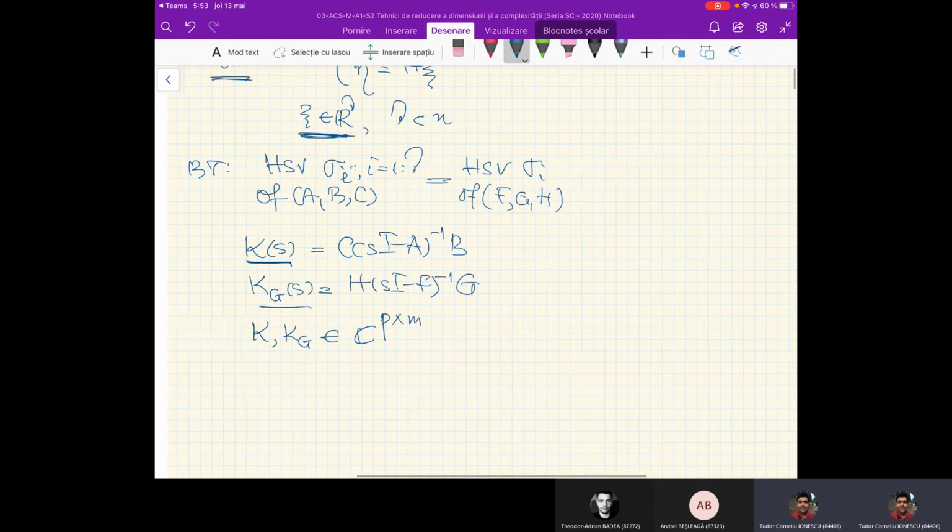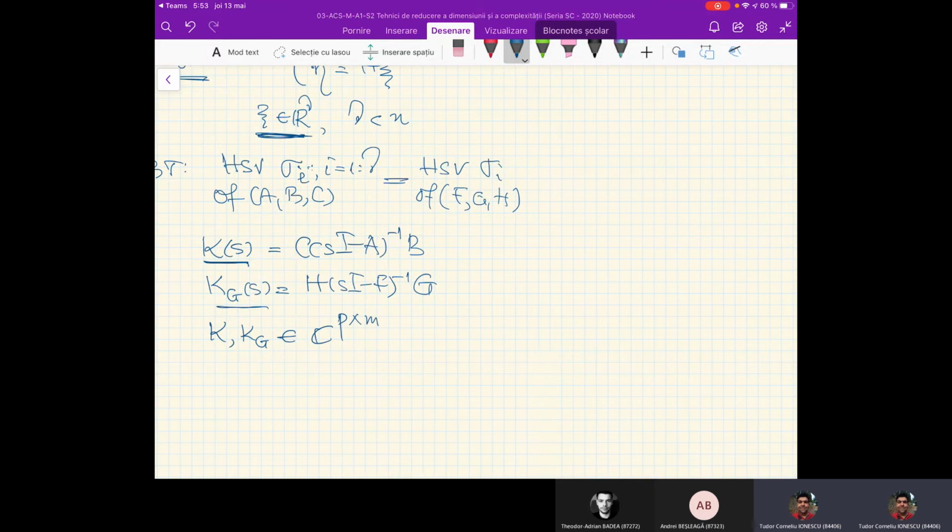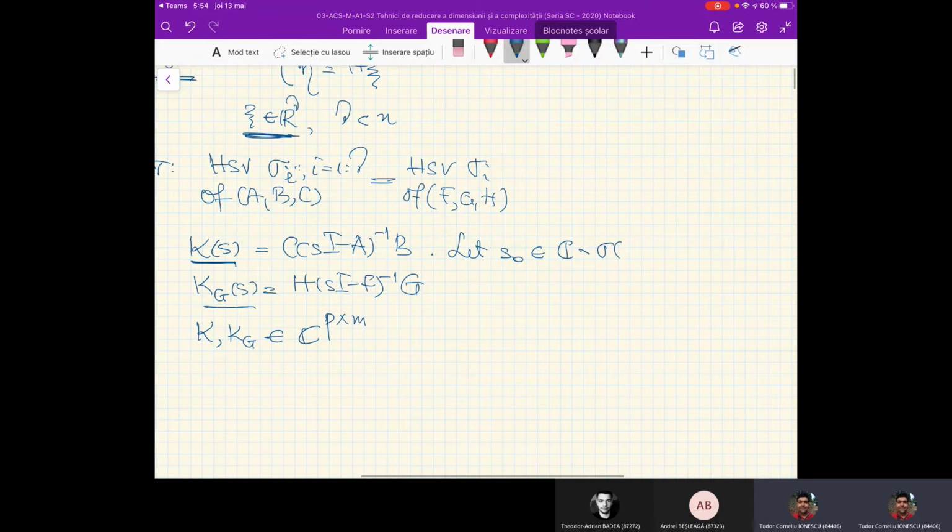Now, what should be the criterion for this? Notice that, for instance, this function admits, around any point s0, let s0 be a complex number that is not one of the poles of the transfer function.